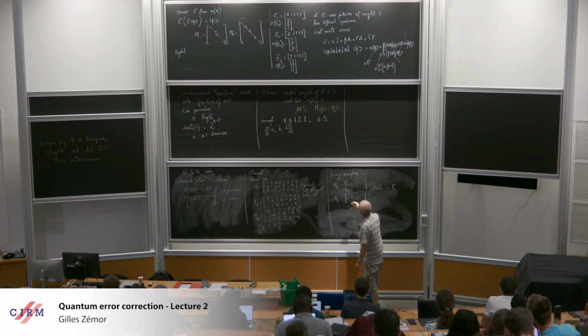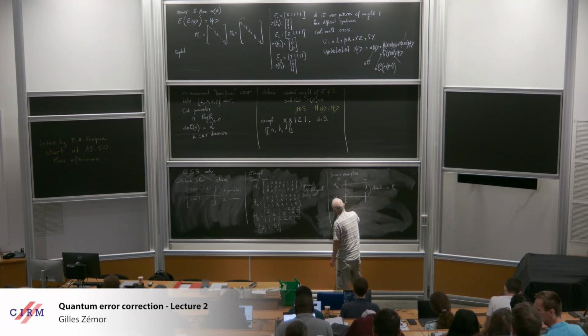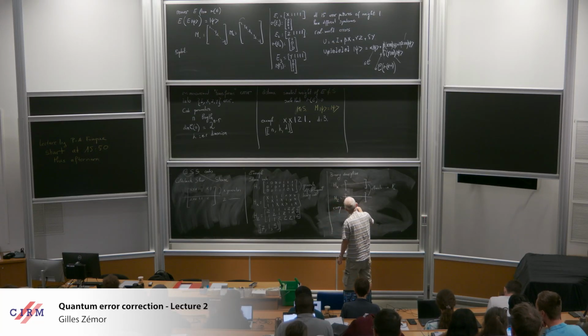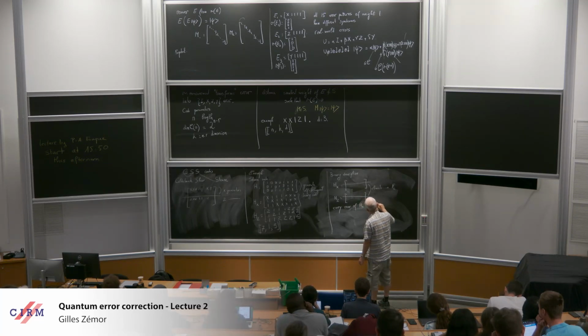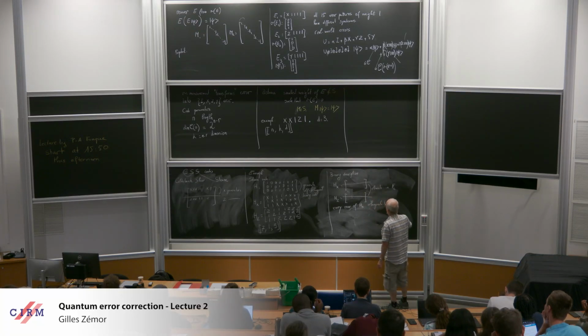The property that you need is that every row of HX should be orthogonal in the binary sense to rows of HZ.